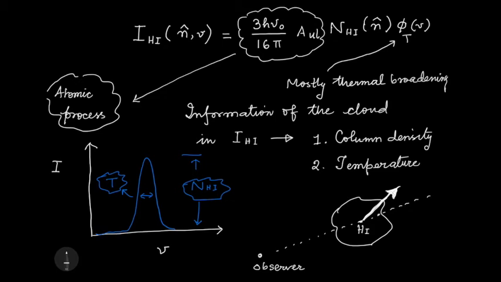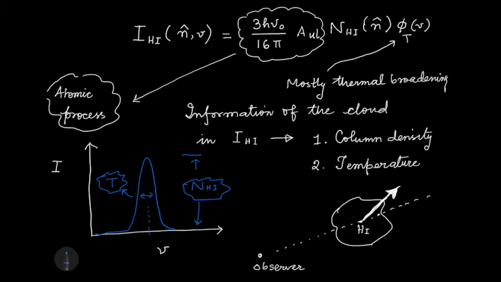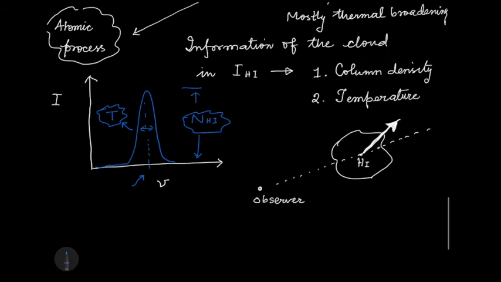So the line of sight component, the line of sight is the line which joins the observer and the center of the cloud. The line of sight component of that velocity will give you a Doppler shift in the spectral line. So this maxima will not be at nu zero. It will be at a Doppler shifted frequency.